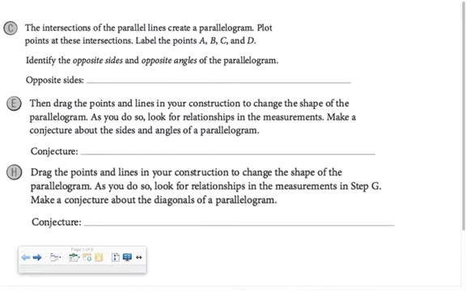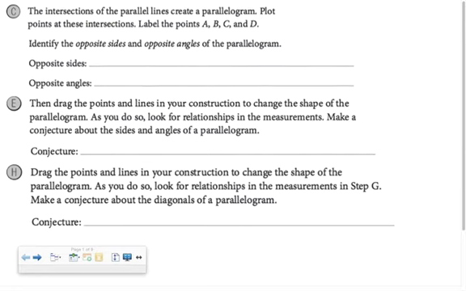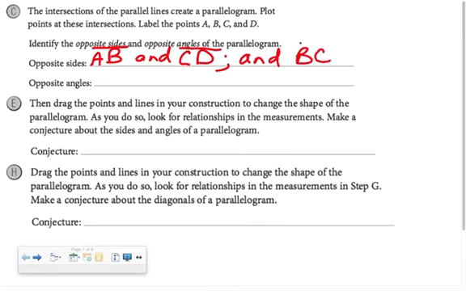It's asking you to identify the opposite sides and opposite angles. So the opposite sides are AB and CD, and BC and AD.